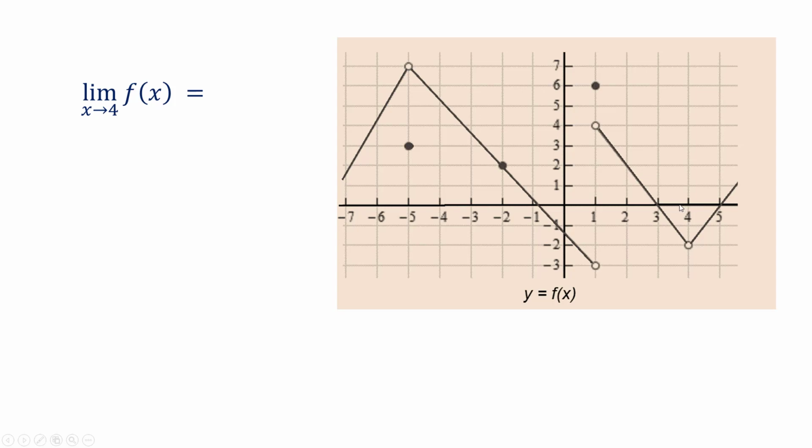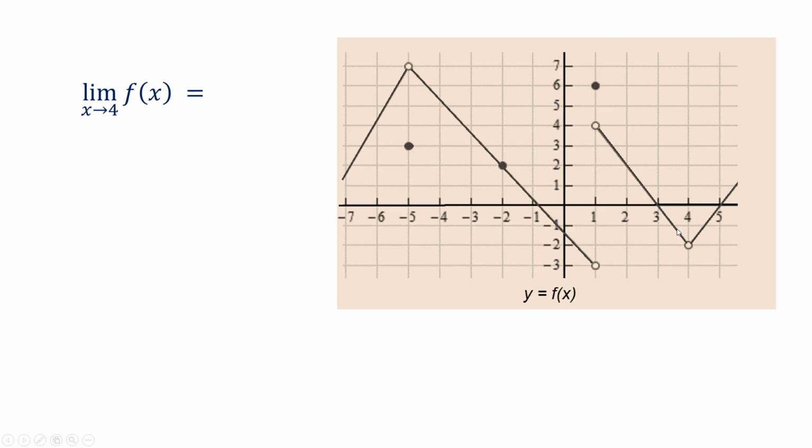If we get closer and closer to 4 from the left, on the graph, the corresponding y value of the function gets closer and closer to -2. And also, if we get closer and closer to 4 from the right, the corresponding y values approach -2 as well.